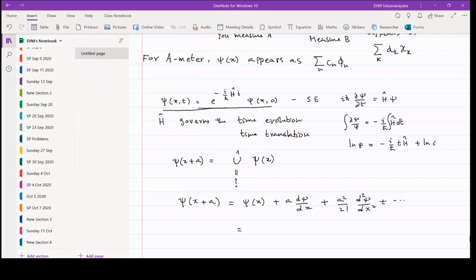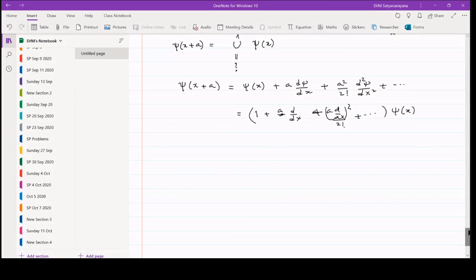You can see that this can be written as 1 plus a d by dx plus a d by dx the whole squared by factorial 2, etc., this operator acting on psi of x. Now you can immediately notice that this is an exponential Taylor series. So it can be written as e to the power a d by dx operating on psi of x. So the operator that does this job is e to the power a d by dx.